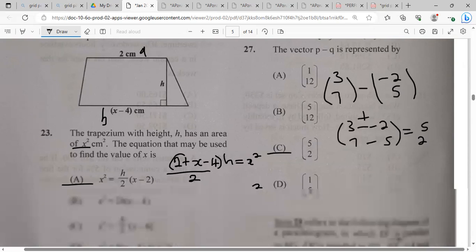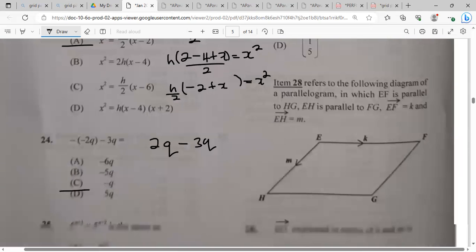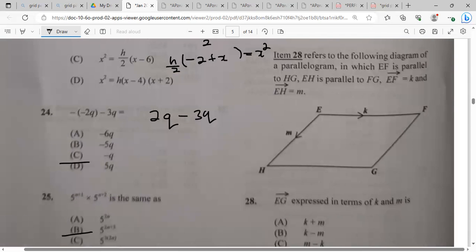Right, let's move on to 28. Item 28 refers to the following diagram of a parallelogram in which EF is parallel to HG and EH is parallel to FG.